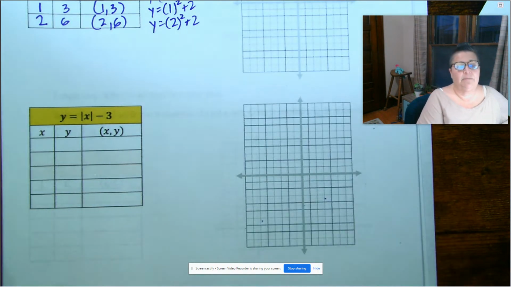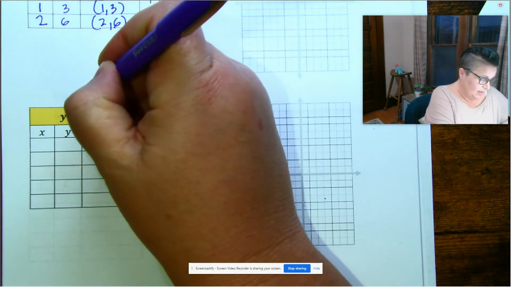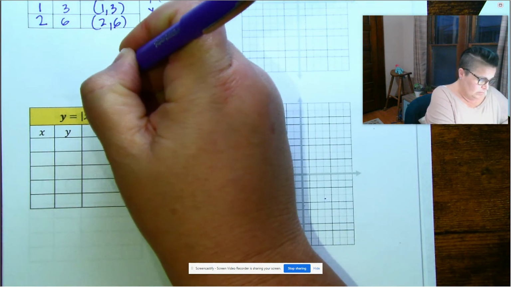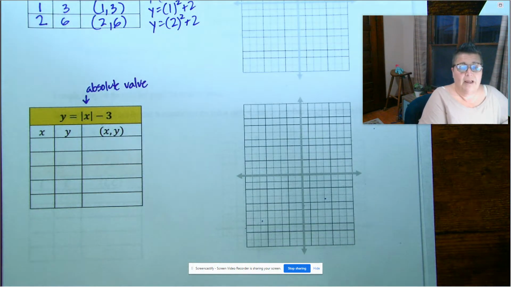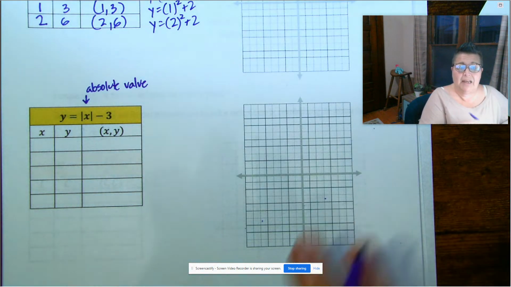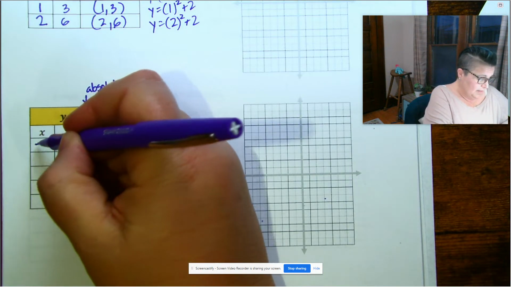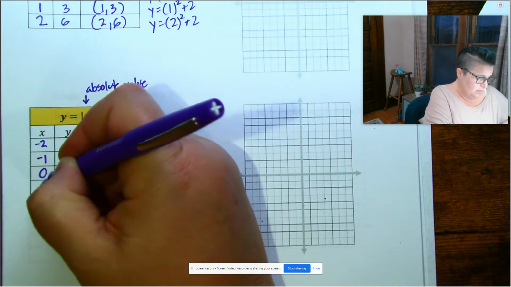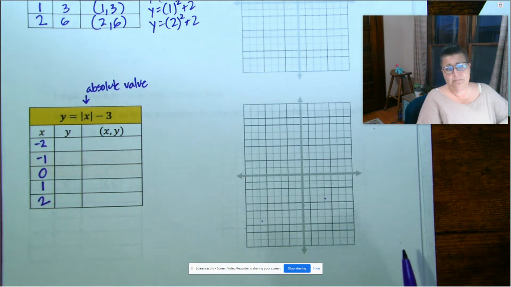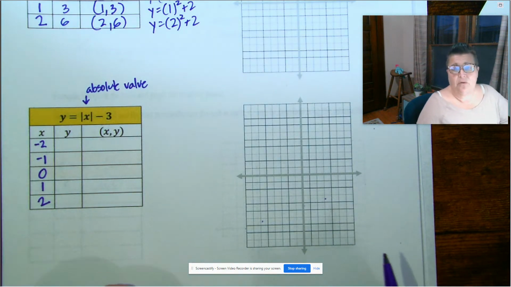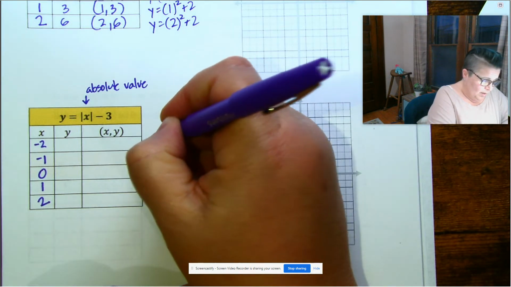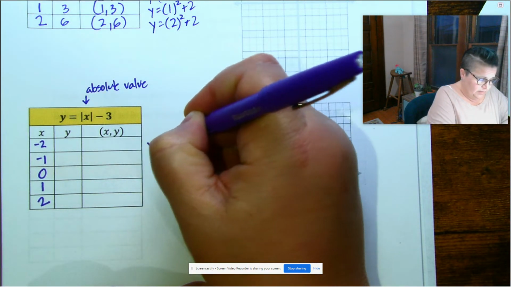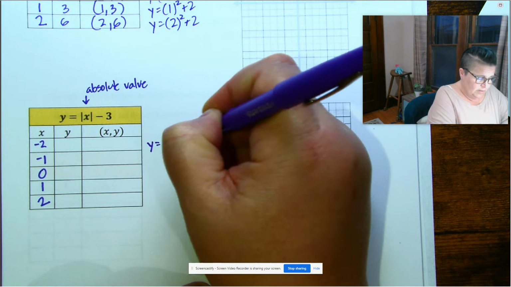The fourth example uses the absolute value. There are no fractions here, so I'm going to go ahead and keep it simple with the -2, -1, 0, 1, 2. Because I don't have any denominators I need to eliminate. Then my y value would be the absolute value of a -2 minus 3.